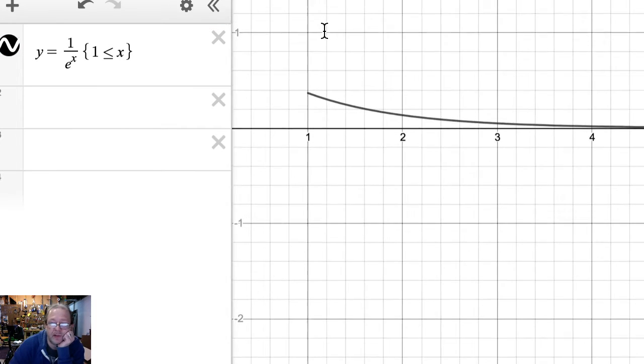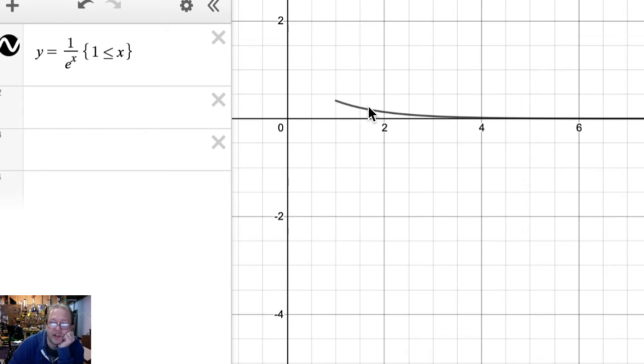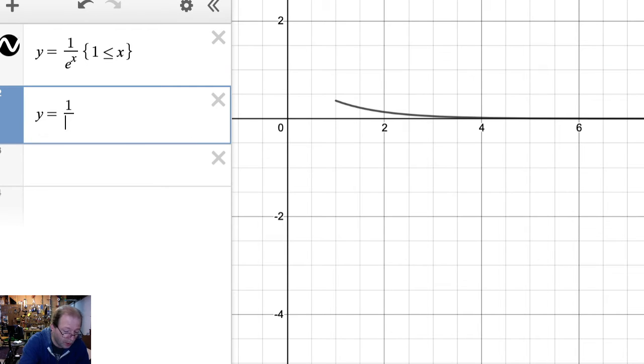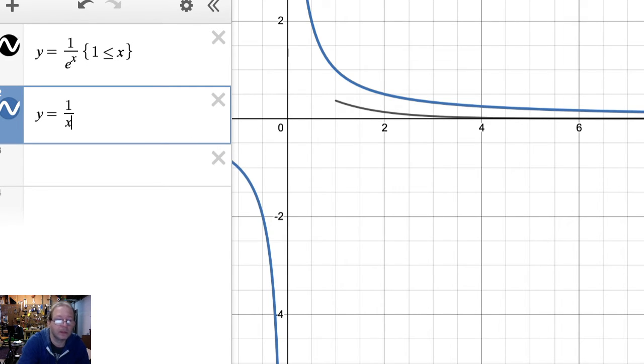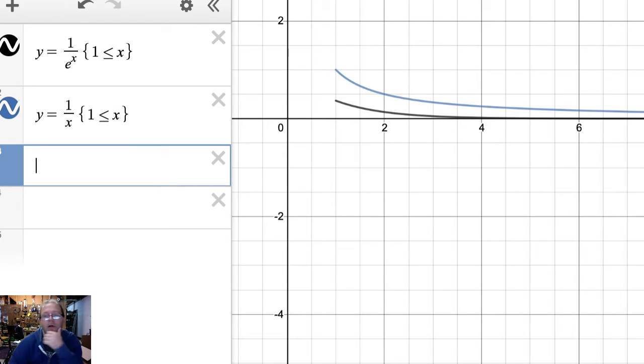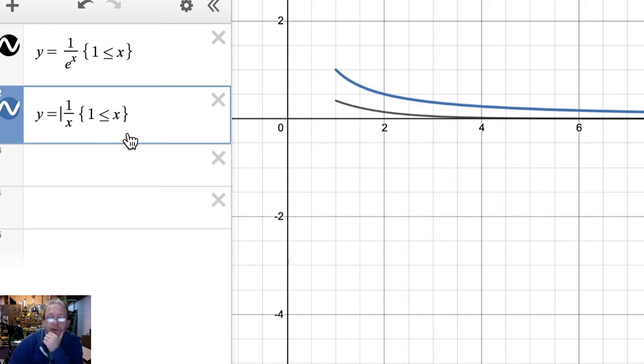So we've got this. So the area under that curve, is it finite or infinite? Well, I don't know right off, but here's how we can figure it out. Let's graph something else. Let's do y equals 1 over x. I'm going to do that from 1 to infinity. All right. Well, what do we know about the area under the blue curve?